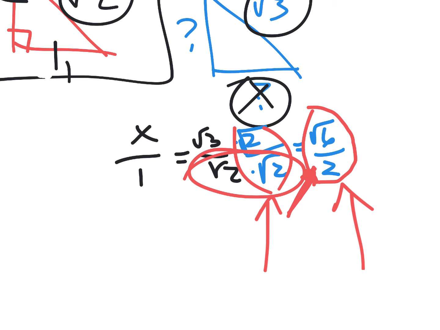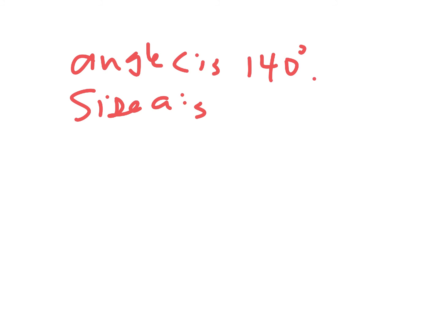All right, I have one last one. Thought of something else. This time you have to draw it. Angle C is 140. So I'd start by just drawing a 140-degree angle, and then I'd call that angle C. Side A is 6.